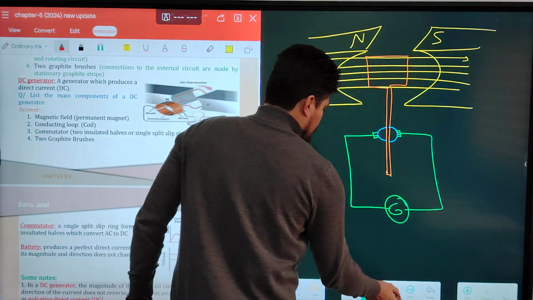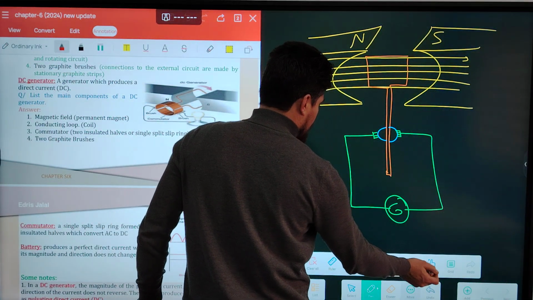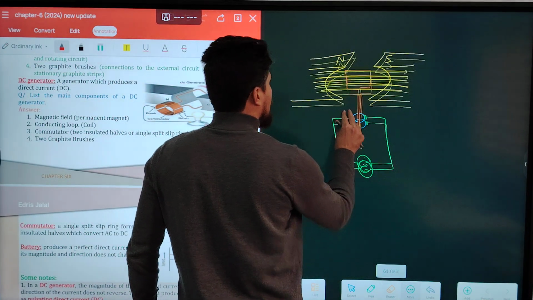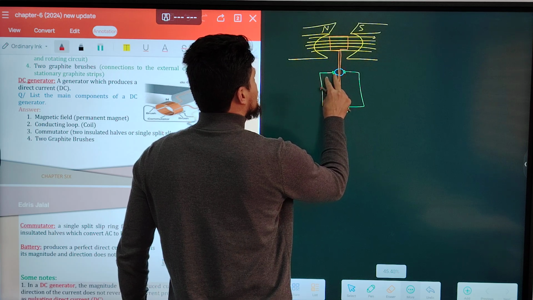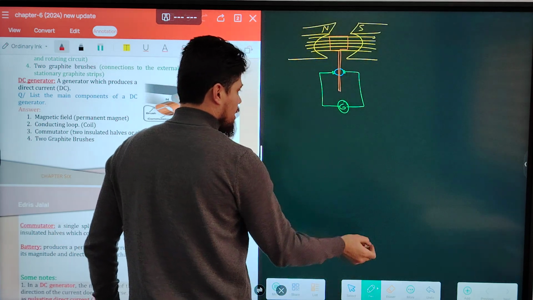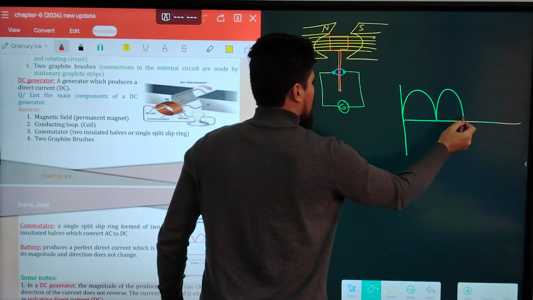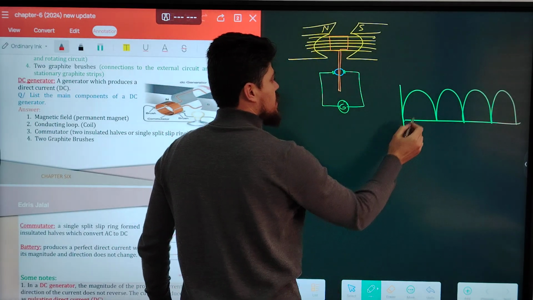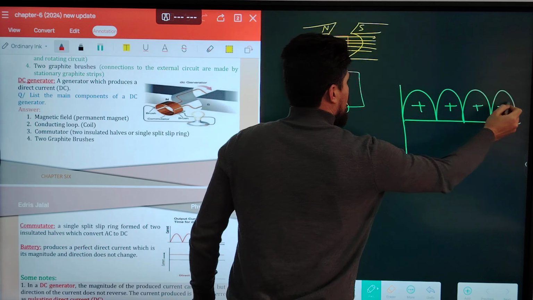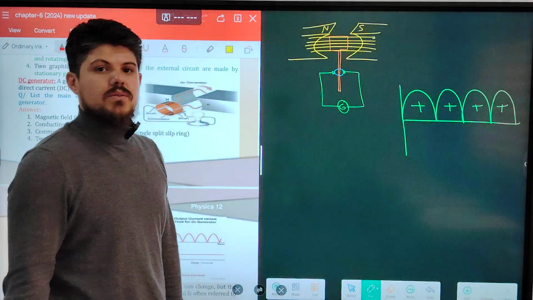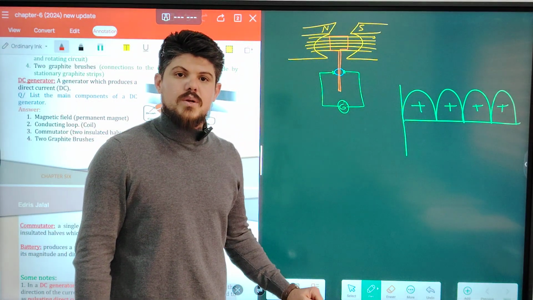So in a DC generator, the generator gives a current whose magnitude only changes, not its direction. The current of DC, guys, only its magnitude changes. If you see, the current all the time is positive. We don't have the negative part of the current. Why?